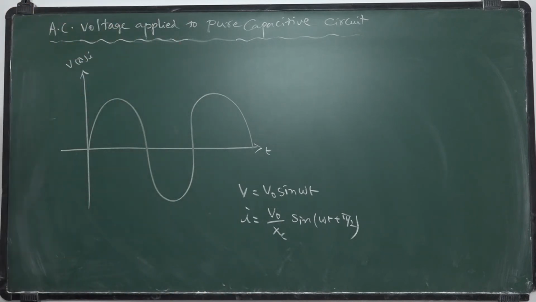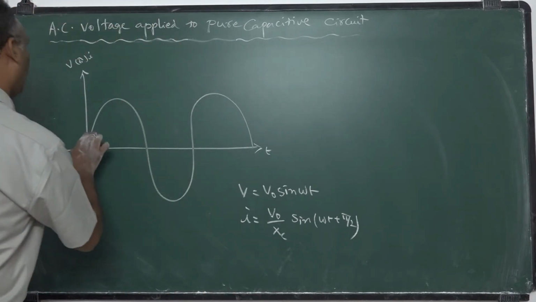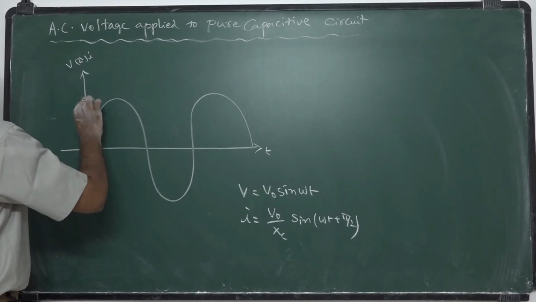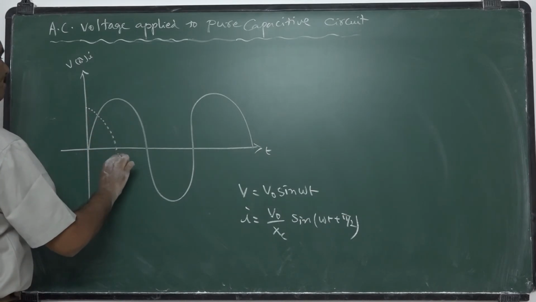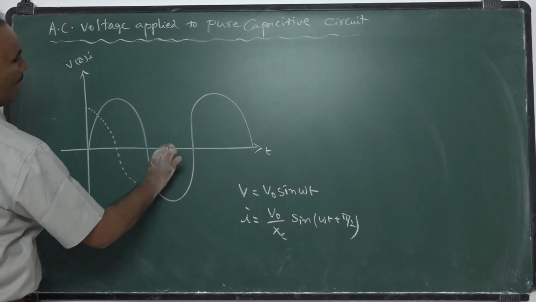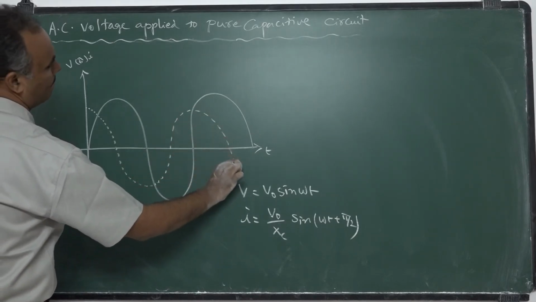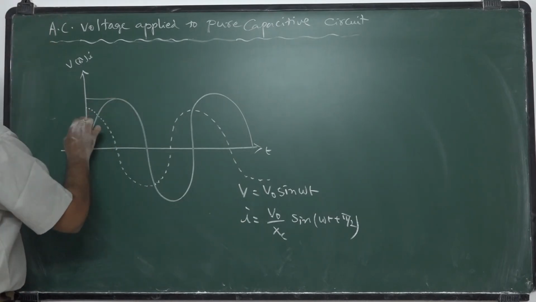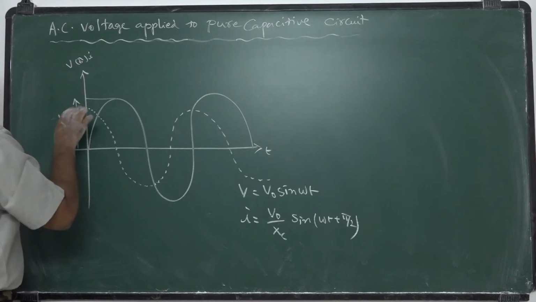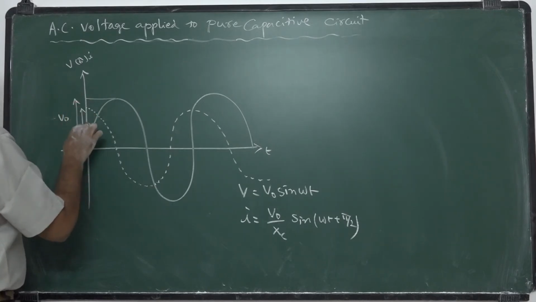Current is leading. That means when voltage is 0, current is having a positive value, pi by 2. The variation is like this. This is the peak voltage value. This is the peak current value, I naught.